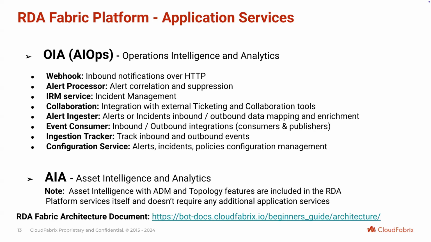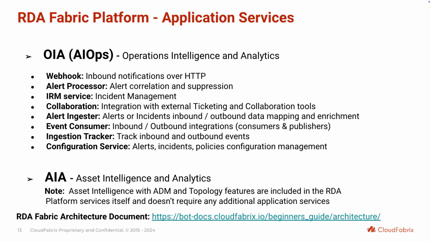And we have another application service called asset intelligence. Asset intelligence's core capability is to integrate with all of the assets and discover the data, your physical infrastructure like compute, network, storage, your virtual infrastructure, cloud native infrastructure, cloud infrastructure like AWS, Azure, GCP or other clouds, or any of your asset data, falls under this asset intelligence and analytics application capability.